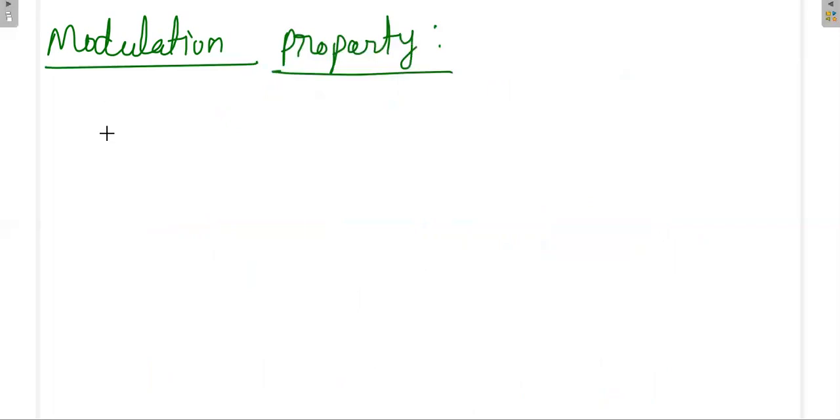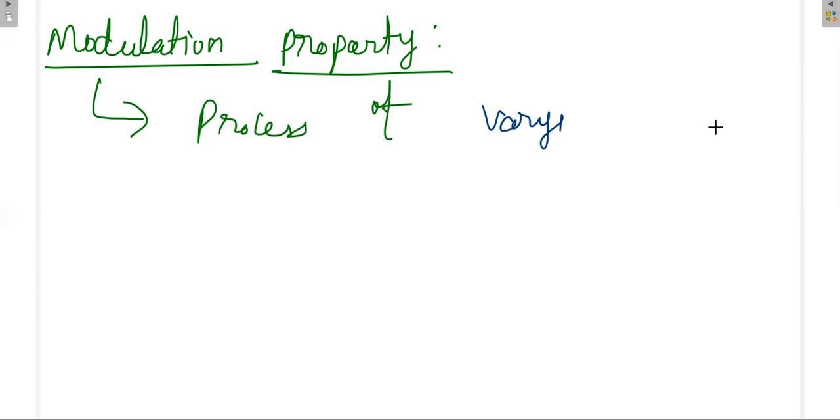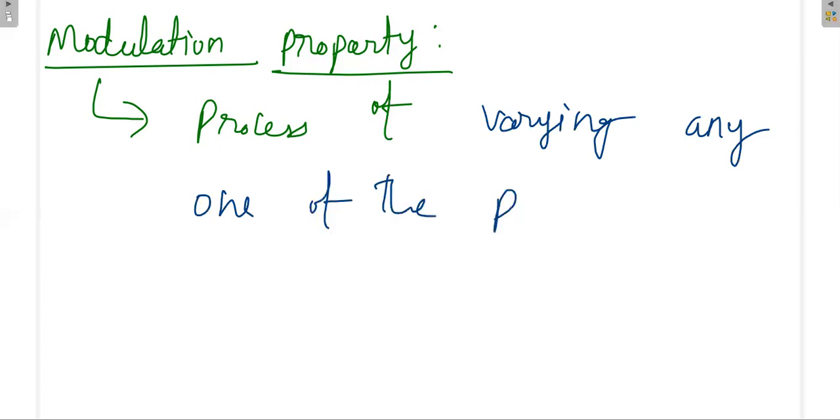Okay, the modulation is the process of varying any one of the parameters of the signal with respect to another signal. In simple sense, it is a process of varying any one of the properties of the signal.